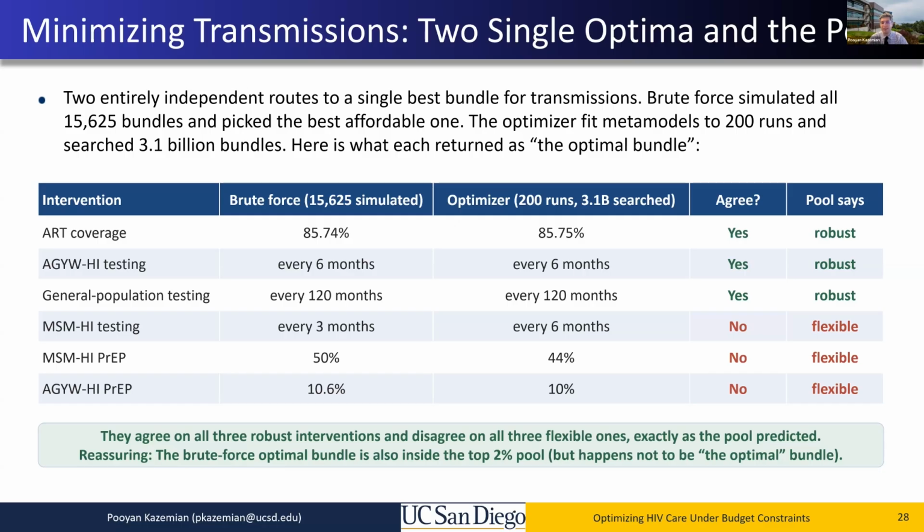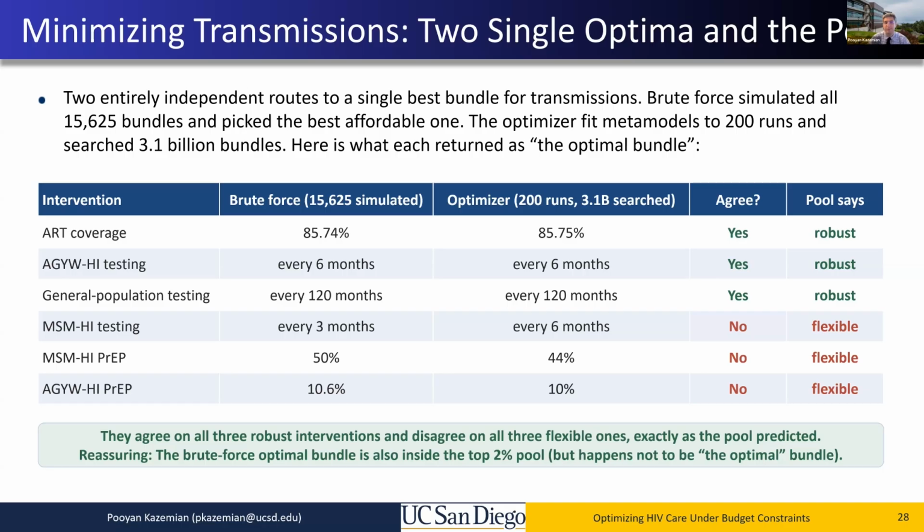However, they try to avert transmissions in different ways. For example, the one that the optimizer found spends a little bit more money on ART, but does a little less on testing for MSM and PrEP for MSM. So they agree on all of the robust interventions, but they disagree on all of the flexible ones.